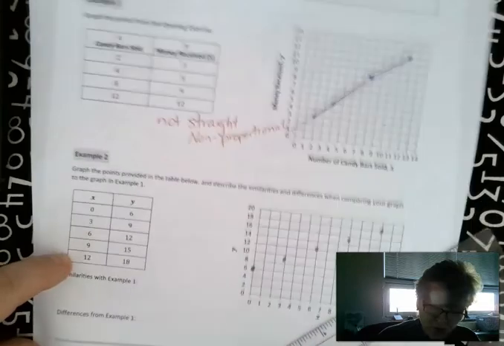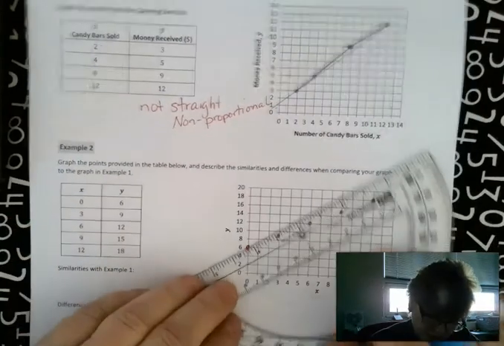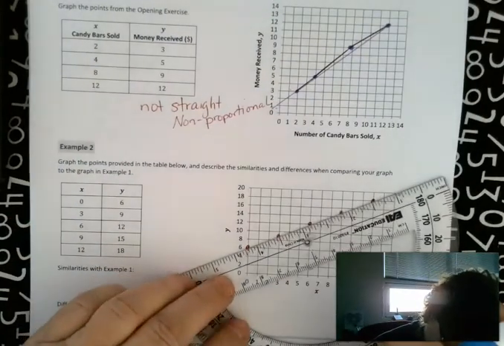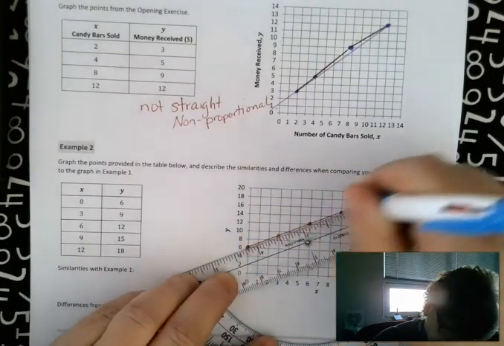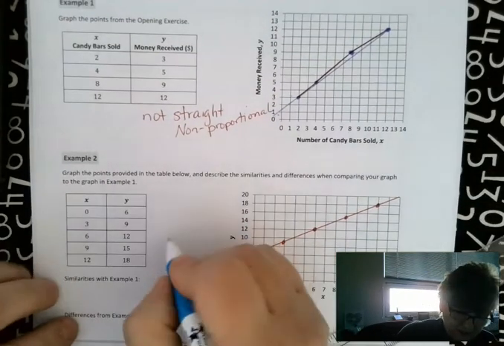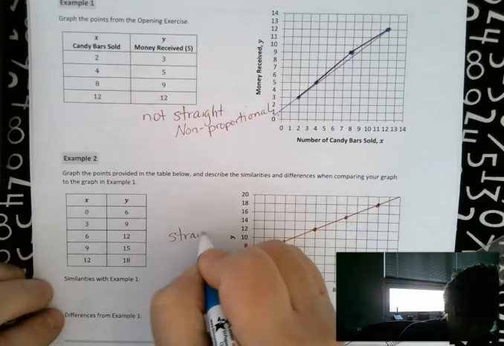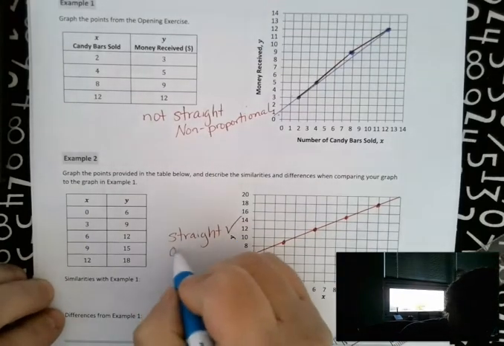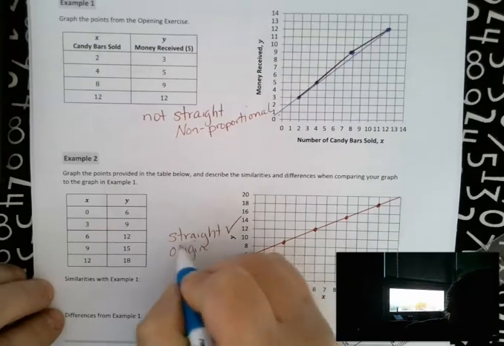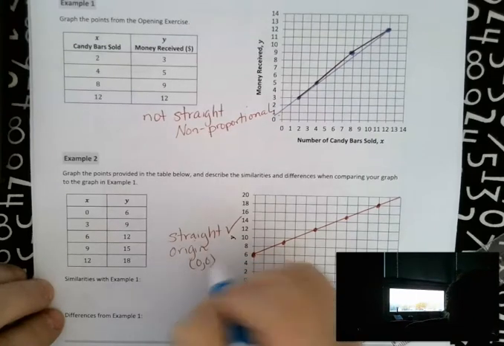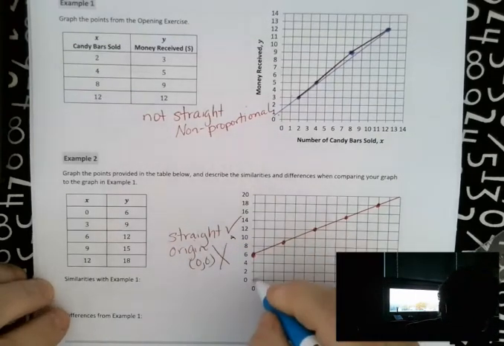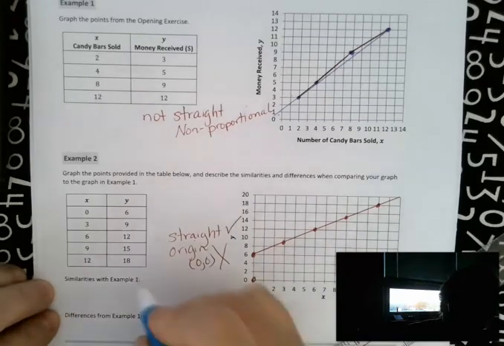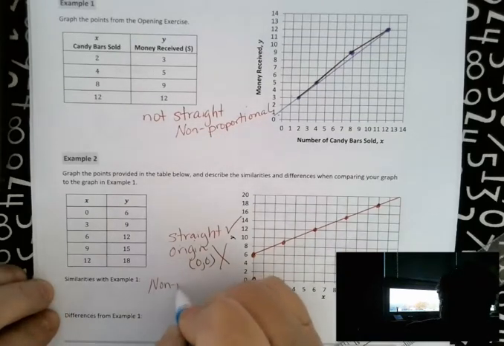So again, we're going to start off and check our straight. Is it a straight line? It is straight. So that's great. But does it go through the origin? And remember, my origin is 0, 0. No, it doesn't. So therefore, it is non-proportional.